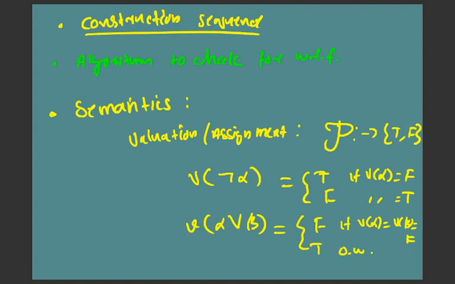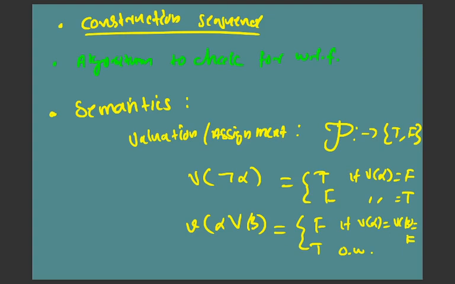And then we said that valuation of alpha disjunction beta is false if both alpha and beta are false under V, and if at least one of them is true, then this is also true. And then we basically define other connectives in terms of these two connectives.